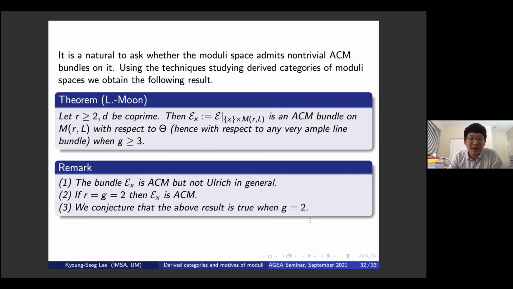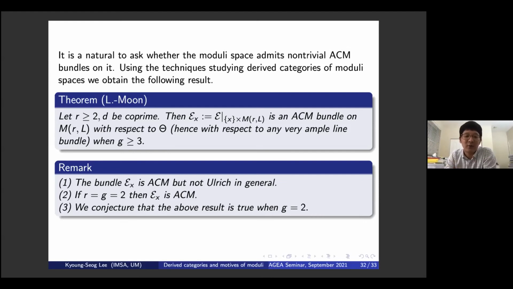It is quite natural to ask whether the moduli space of vector bundles admits a non-trivial Ulrich bundle. Using techniques developed so far, Hanbom and I proved that when r is greater than or equal to 2 and d is coprime to r, E_x, the image of a skyscraper sheaf via the Fourier transform by the Poincare bundle, or just a restriction of the Poincare bundle on this slice, is an Ulrich bundle on this moduli space with respect to theta.